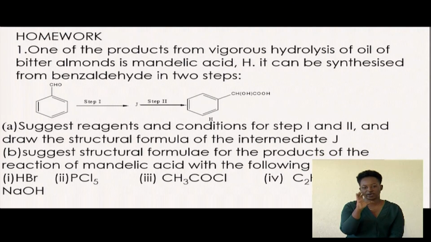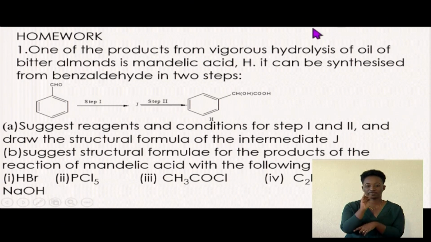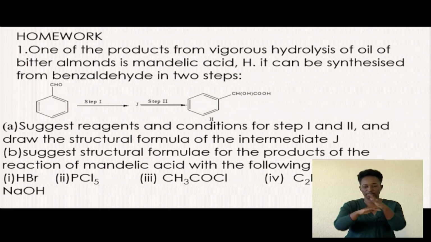Before I leave, I just want to leave some homework, and there is only one question. It says one of the products from vigorous hydrolysis of oil of bitter almonds is mandelic acid. It can be synthesized from benzaldehyde in 2 steps. So there is benzaldehyde, step number 1, forming J, step number 2, and then forming the 2-hydroxy compound they are calling mandelic acid.